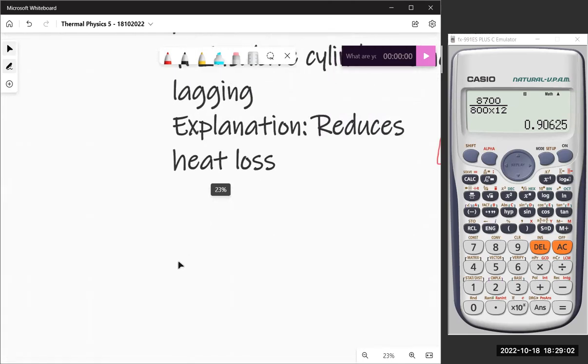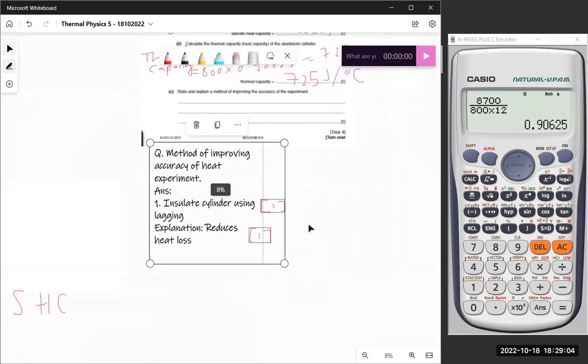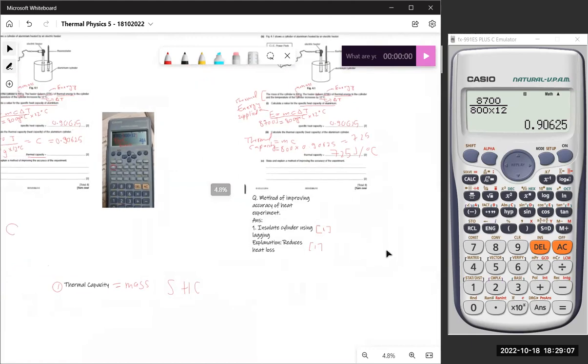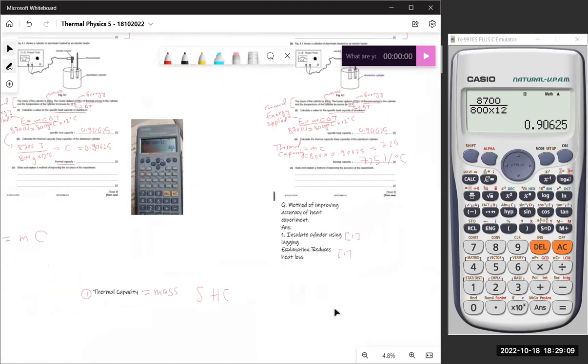Now, quick, Diana, can you recap what did we learn today, or what did we do? Diana, recap. We took transfer of heat and radiation, reflection, and specific heat capacity.